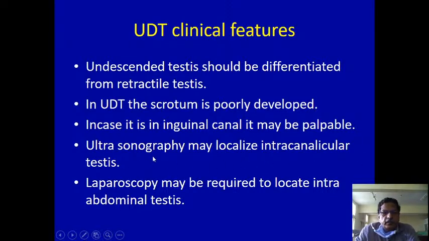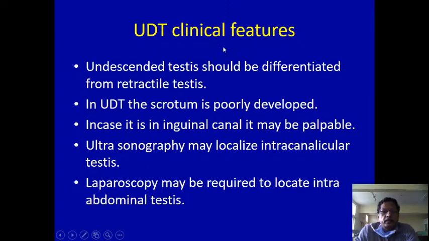But on the other hand, if the testis is intra-abdominal, even ultrasonography may not give us clues to its location. So in that case, you may have to do laparoscopy and search for the testis in the intra-abdominal location. Only if you cannot identify the testis, even after laparoscopy and ultrasonography, do you call it agenesis or absent testis.